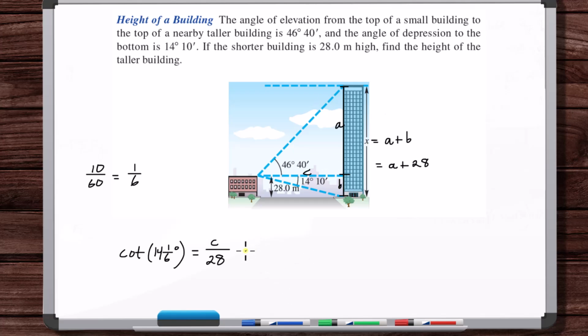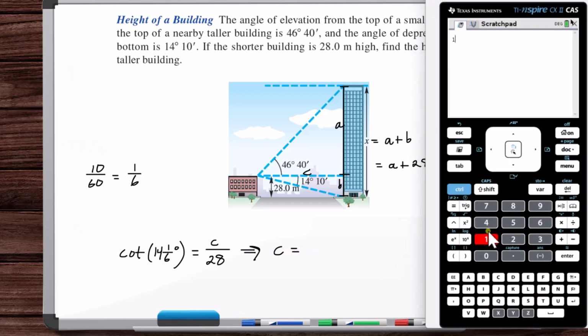Okay, so C is equal to the cotangent of 14 and 1/6, which is 85 sixths, 85 divided by 6, times 28.